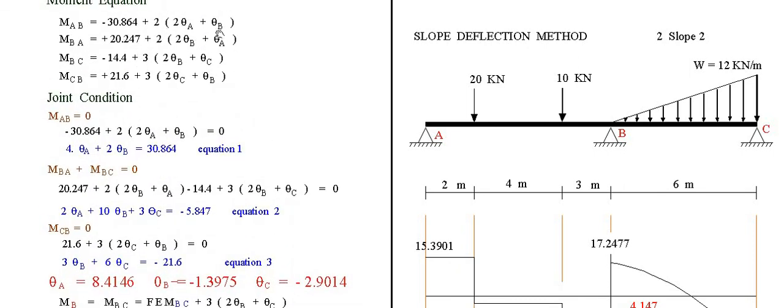The three theta now, the angles are known. We can solve moment AB. Ultimately, this is equal to 0 because in algebra we equate this expression to 0. So this is really 0. If you substitute theta A and theta B, this is really equal to 0.